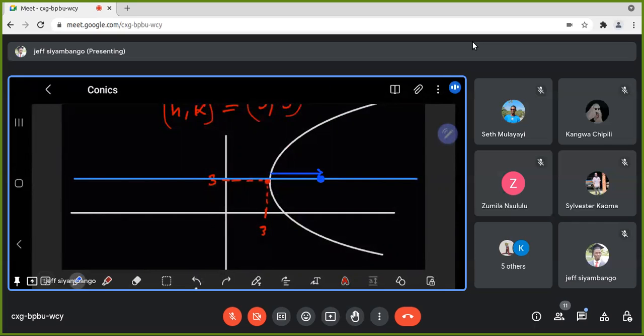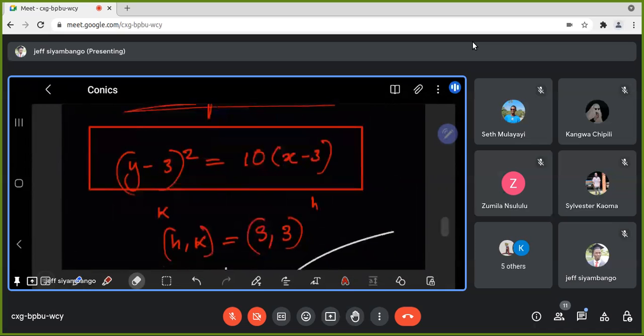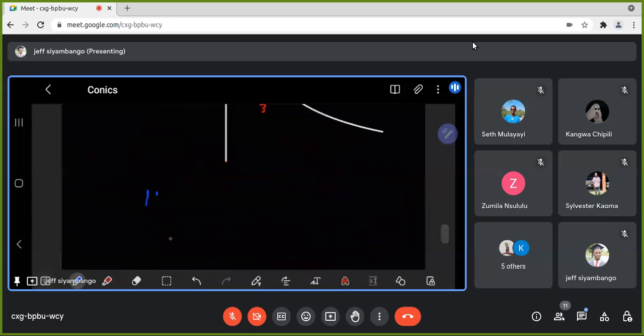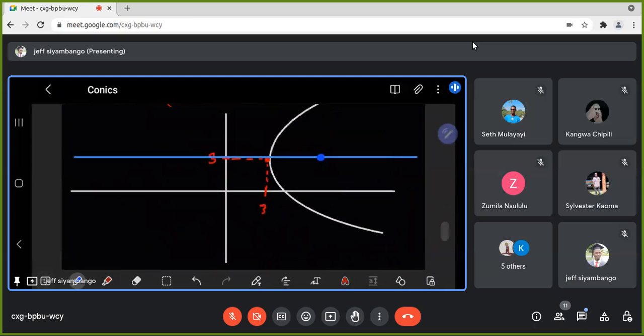What is going to be our p? What tells us what p is, is the coefficient, which is 10. So we still have 4p equals 10, so p equals 2.5.